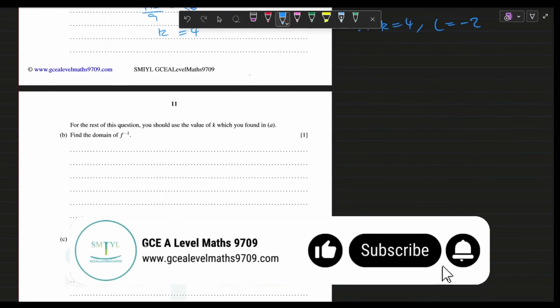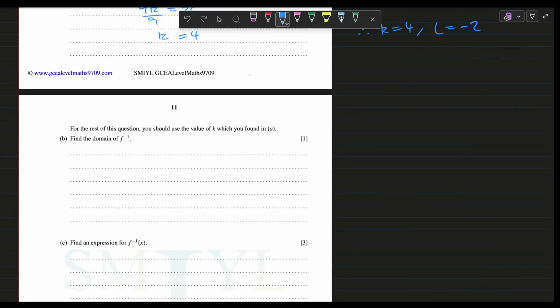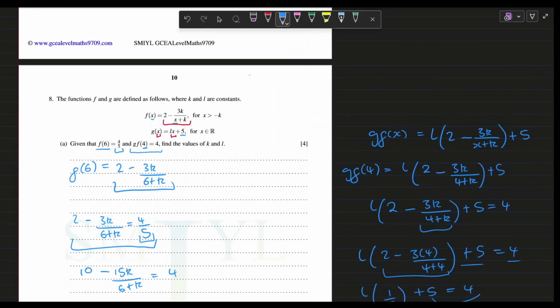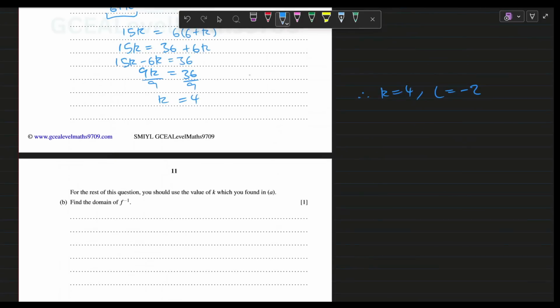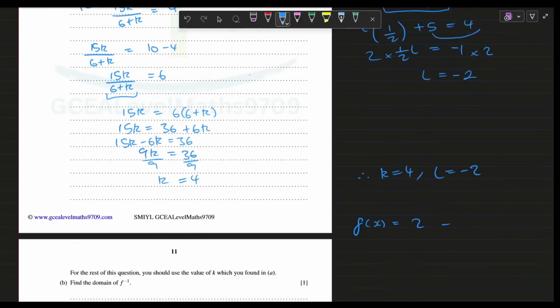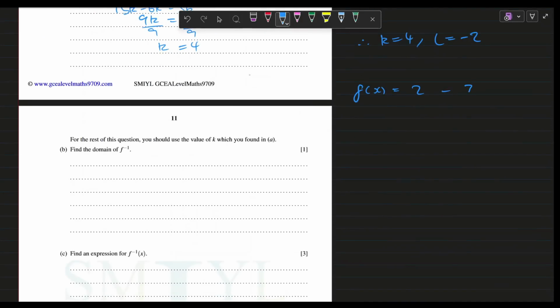And then part B says, for the rest of this question, you should use the value of k which you found in A. Okay, so that implies that our function f of x is equal to 2 minus 3k over x plus k, for x greater than negative k.